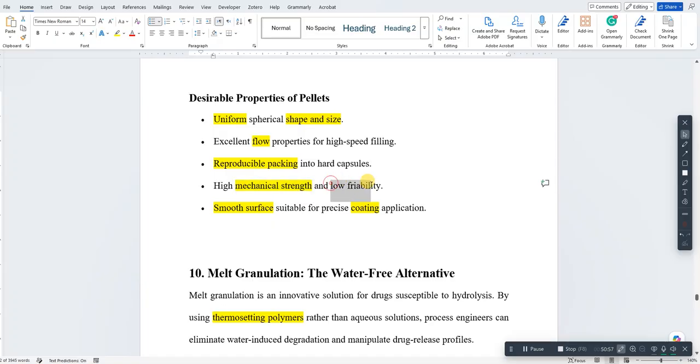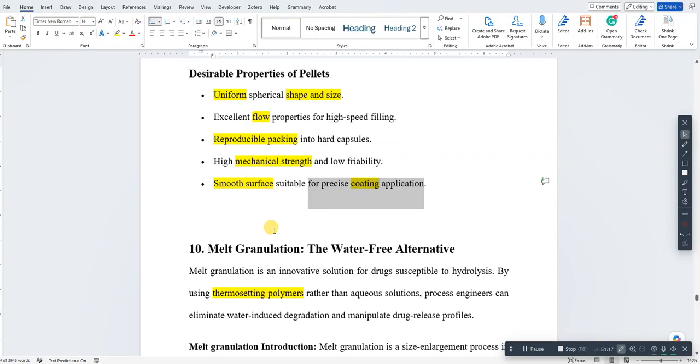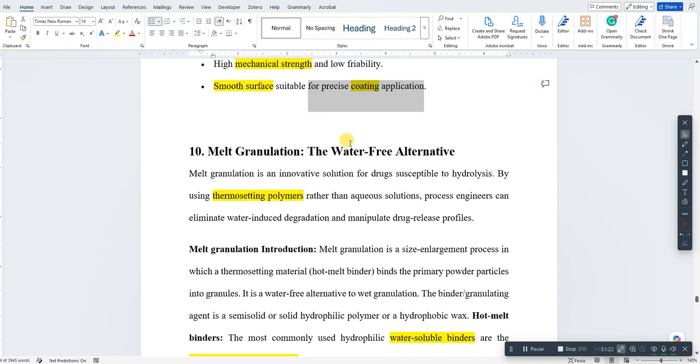So they have low friability, and that's why it's more suitable to add them inside capsules, not to compress them into tablets. Also, the surface of these spheres or pellets is smooth, and this will allow good coating if we need to coat the pellets or spheres.